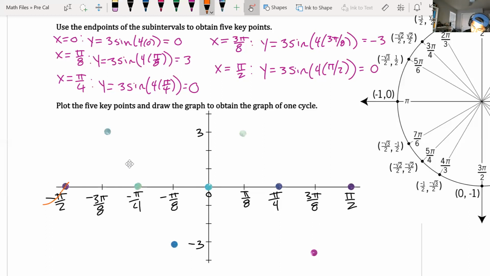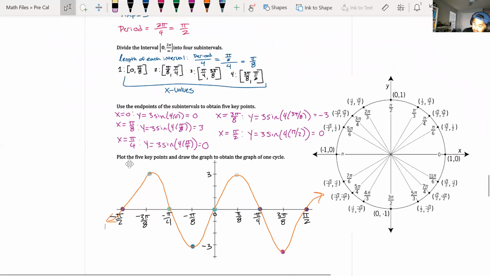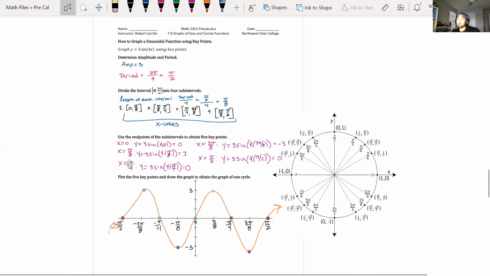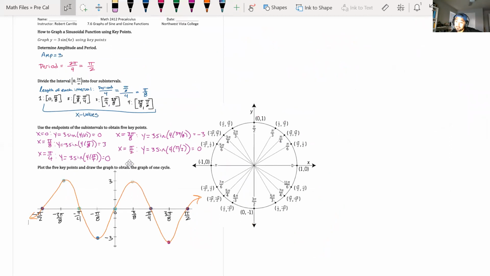And there you go. It's definitely a lot more work, but maybe there's some pros to this. You don't have to remember the parent function's coordinates, and you don't have to remember a thing about transformations.